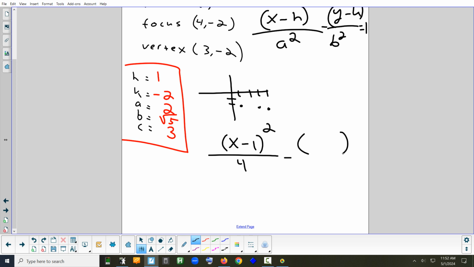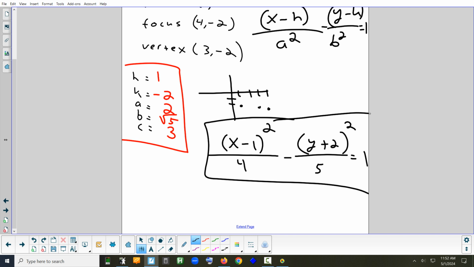Y, it's going to end up being y minus minus 2, so it's going to be y plus 2. So plus 2. And my denominator? 5. And there you go. That's the equation of your hyperbola. Any question on that?